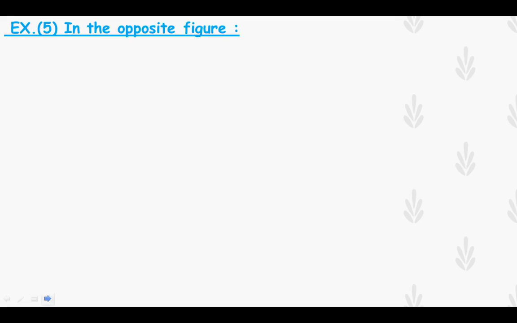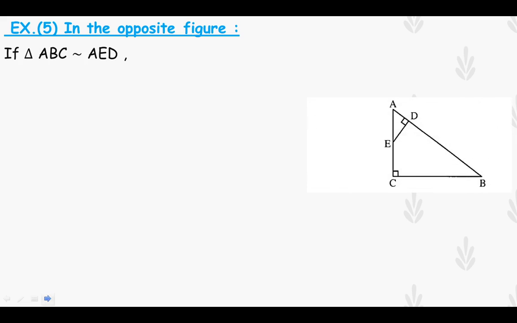Example 5. In the opposite figure, triangle ABC is similar to triangle AED. So we have two similar triangles: triangle ABC, the large one, similar to triangle AED. Okay, this is a given. The two triangles are similar.